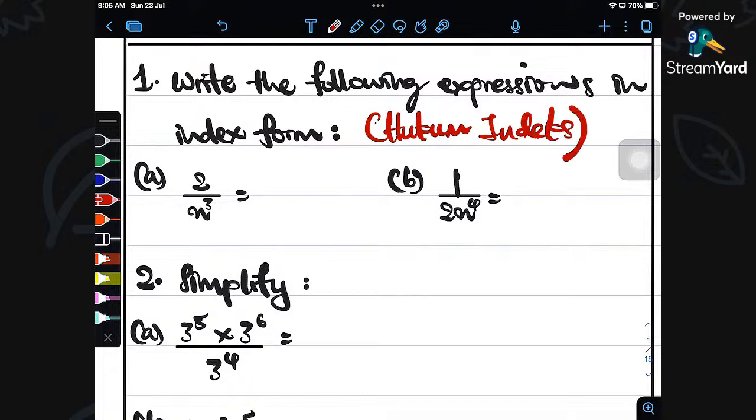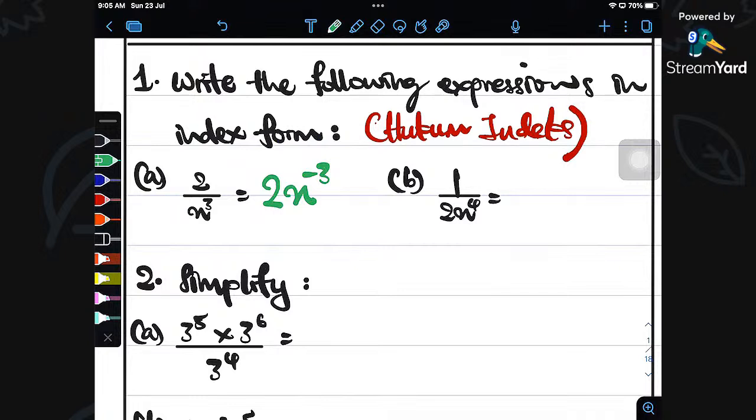They call it hukum index. You learn this in Maths Modern tingkatan 3, which I bet you already have some knowledge about how to change this 2 over x cubed into an index form ataupun bentuk index lah. So it's very easy. It is just 2x to the power of negative 3.